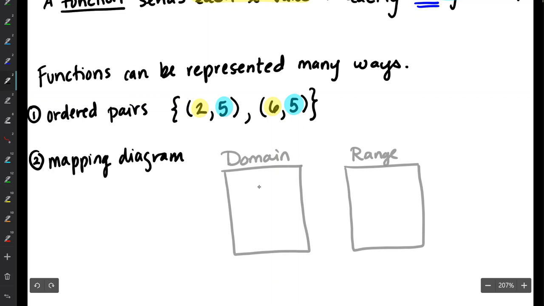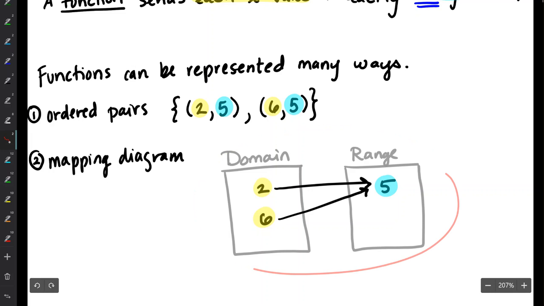So we are sending 2 to 5, and 6 is also being sent to 5. 2 is going to 5. 6 is also going to 5. This is another way to show the reader this function, this mapping.